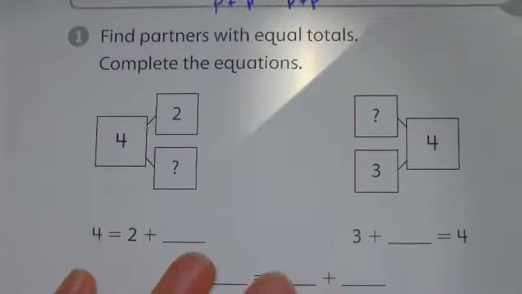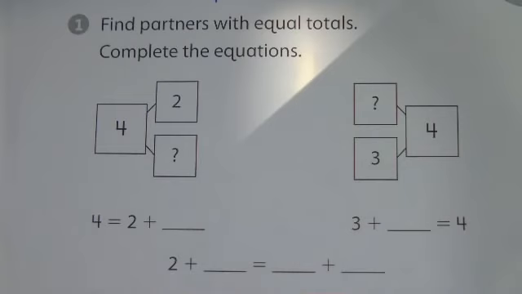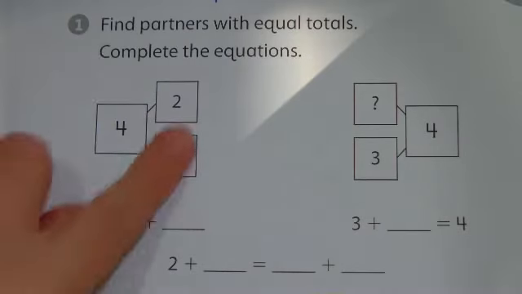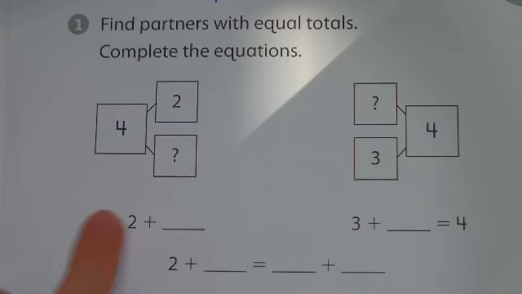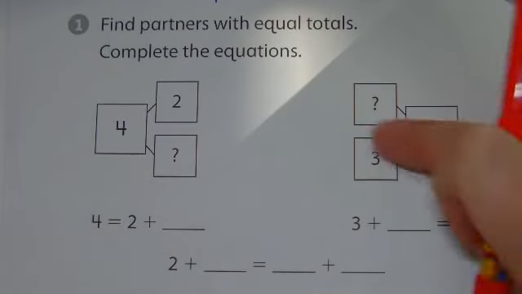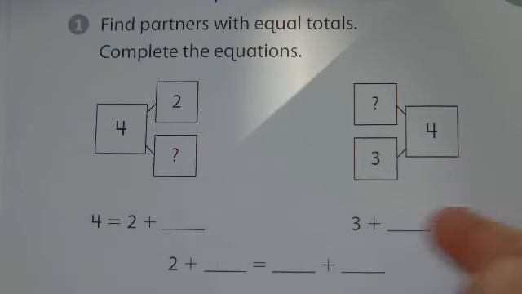Okay, let's go down to number 1. So this number bond goes into this equation. This number bond here is going to go into this equation. Let's label our part whole. Go ahead and do that. You can press pause and come back.